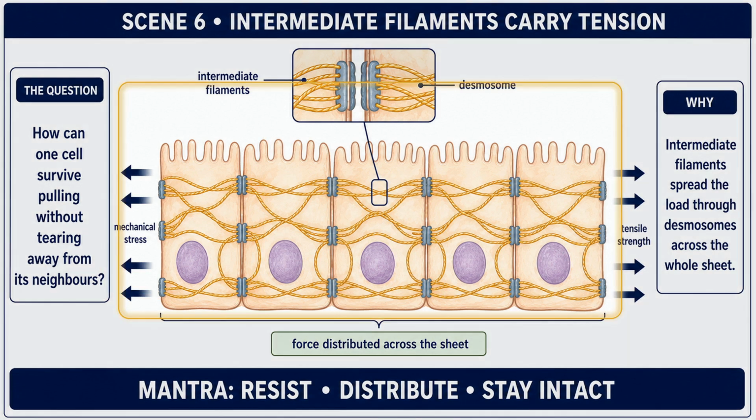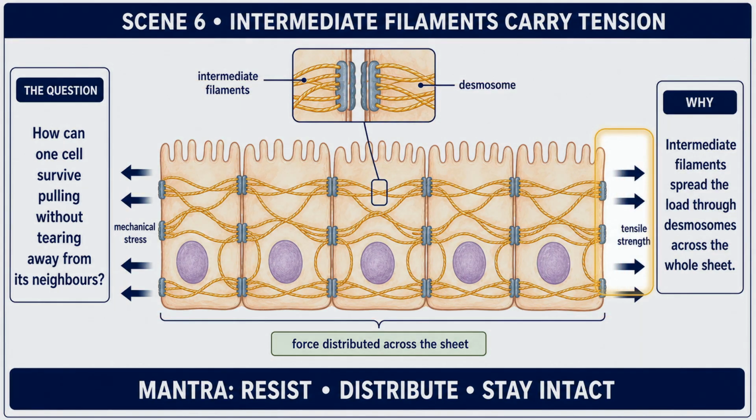Instead, intermediate filament cables attach to desmosomal plaques inside the cell. The matching desmosome in the neighboring cell links the two load-bearing systems across the junction. Force entering one cell can therefore spread through several cells and across the sheet.